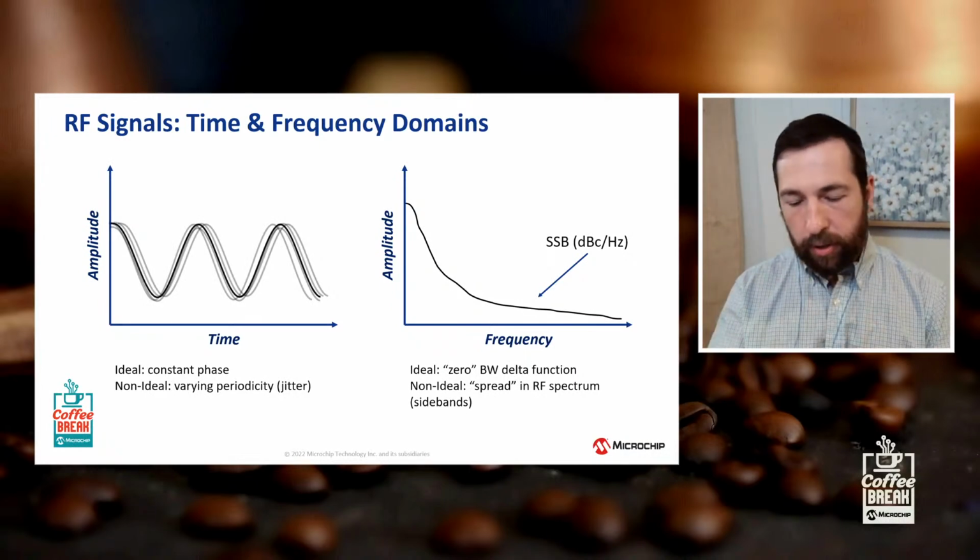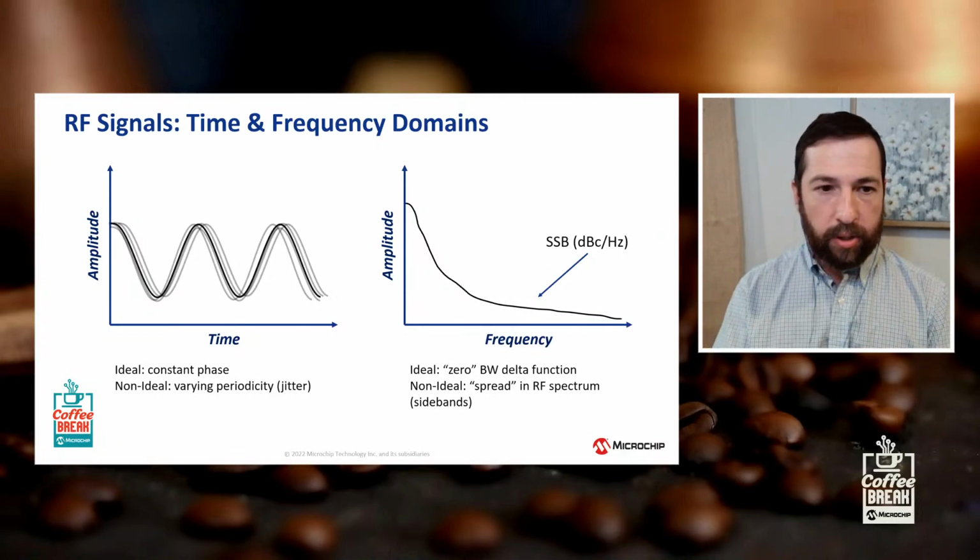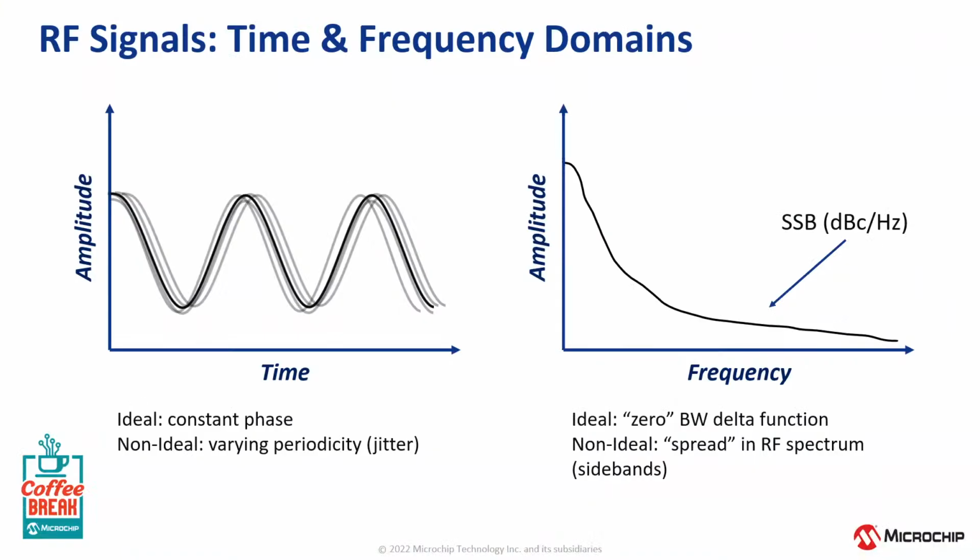And alternatively, you can look at this on the right-hand side of the image, is the frequency domain. And ideally, an RF signal will just be a delta function. But in reality, the signal will have some bandwidth that bleeds into adjacent frequencies. And so this is often called the skirt or side lobes of the main carrier.